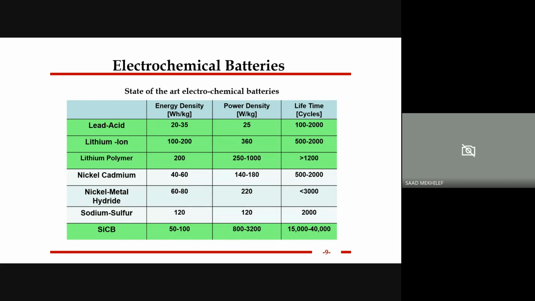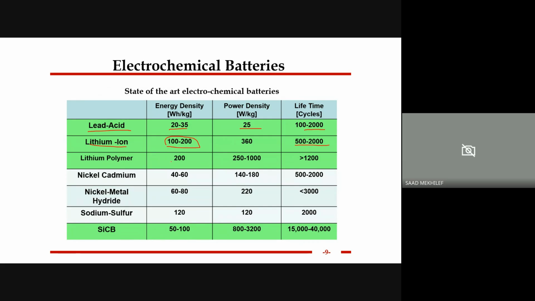For example, lead acid batteries, which are the cheapest in the market, have an energy density between 20 to 35 watt per kilogram and around 100 to 2000 cycles lifespan. Lithium ion batteries have almost 4 times or more the energy density, and the number of cycles is also relatively high, around 500 to 2000 cycles.